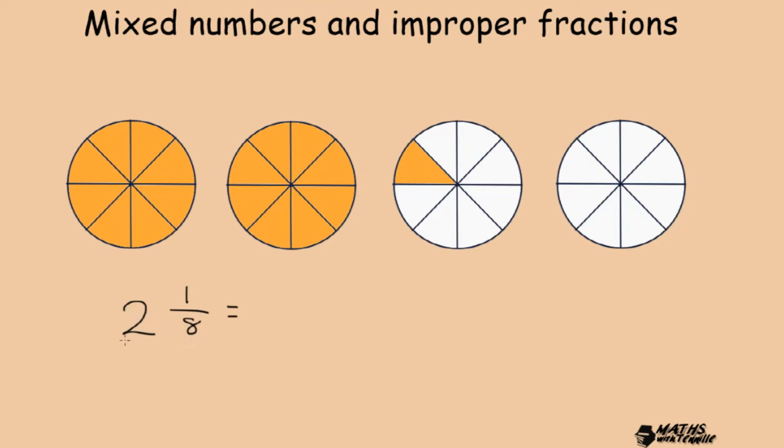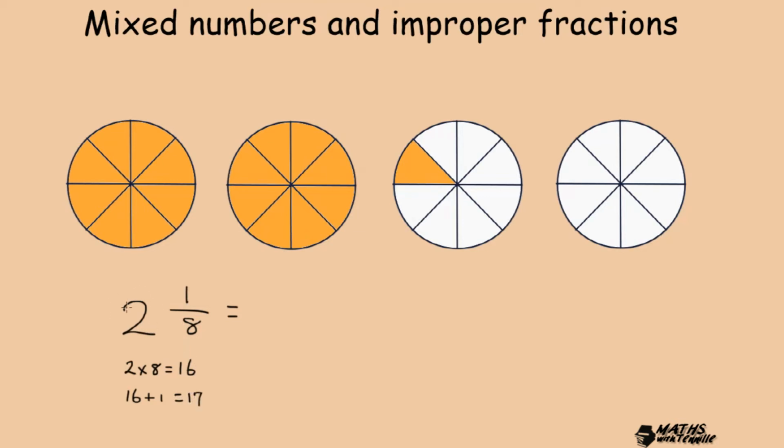So I have 2 pizzas, and in each pizza there are 8 slices. So in those 2 pizzas, I do 2 times 8, which will give me 16. So 8, another 8 is 16. I'm going to take that 16 and add the extra slice, which is here or here, and I will get 17.